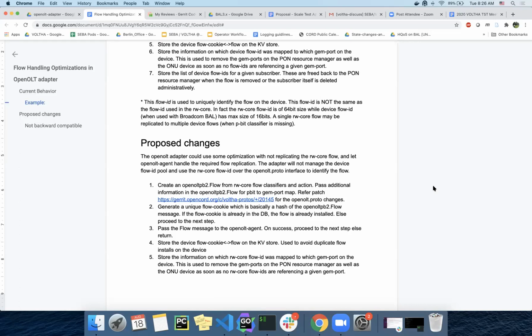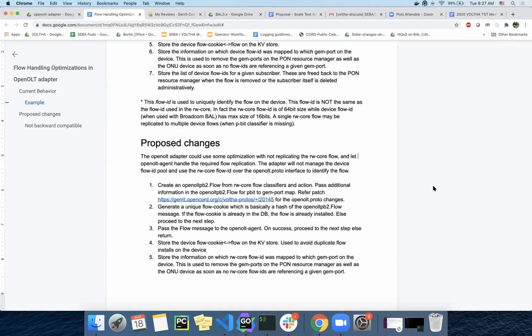So we are already in that problem that you are describing. If the agent were to crash and come back again, it has lost all this information. So if this is really a requirement, then I think we should start building some persistence on the agent. That is another topic altogether.